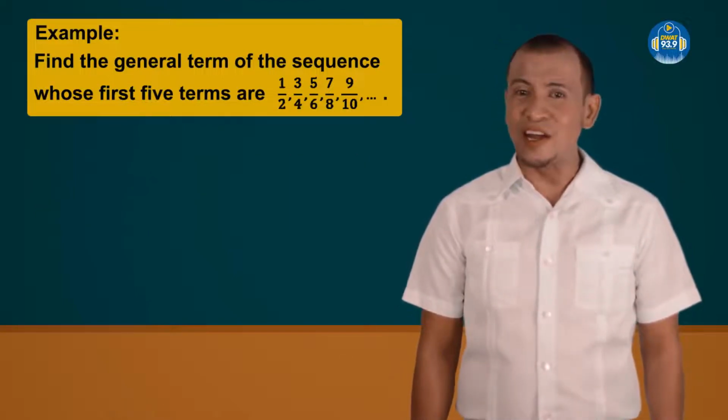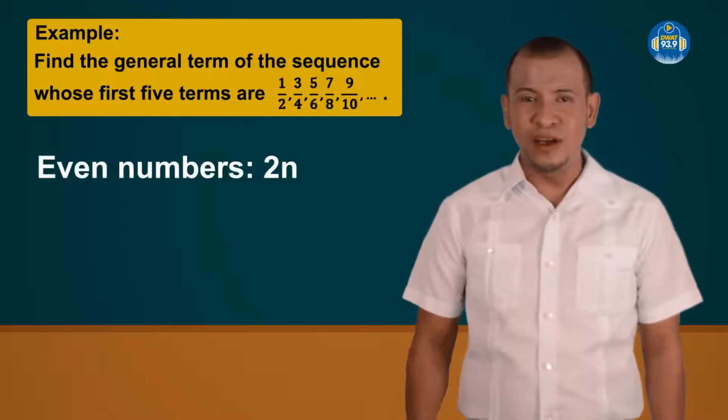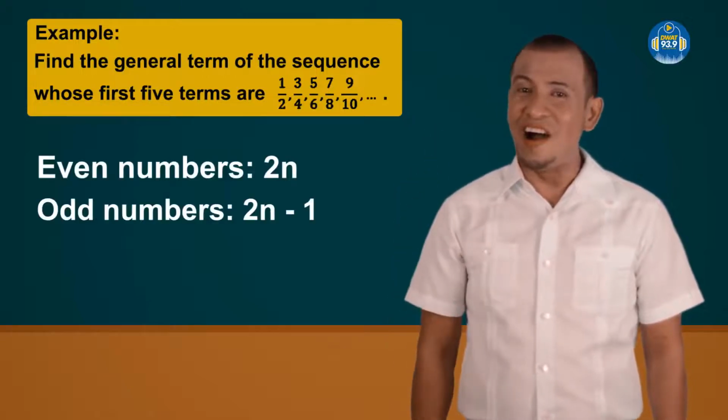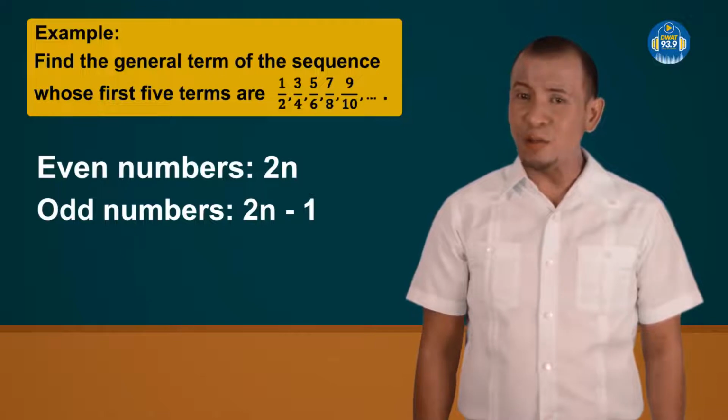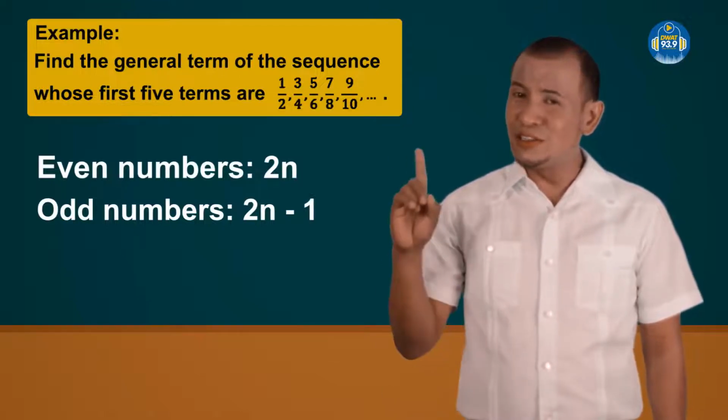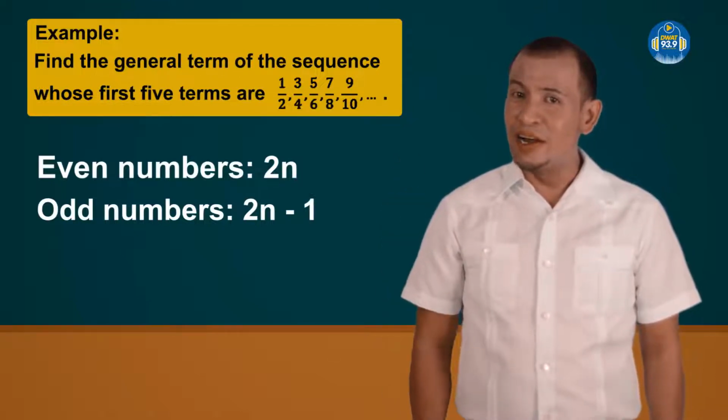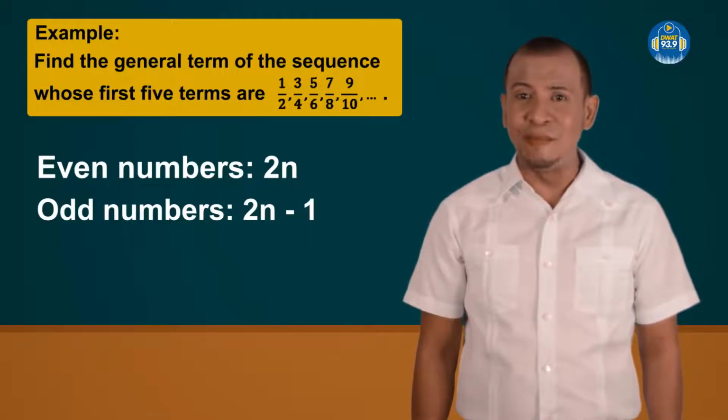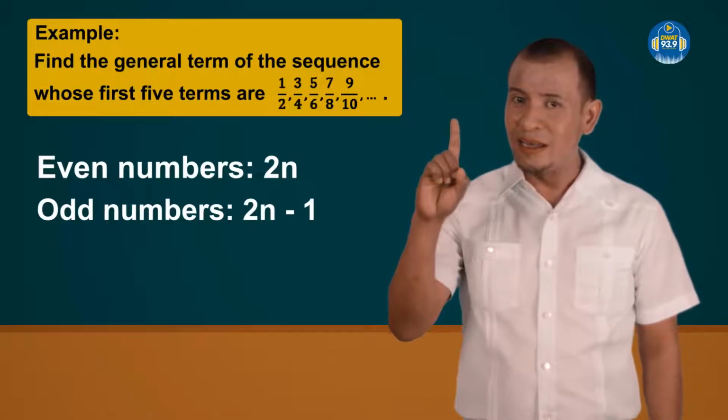Even numbers are usually written in the form 2n, and odd numbers are usually written in the form 2n minus 1. Remember, an odd number differs from an even number by 1.